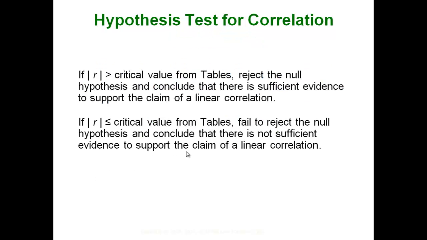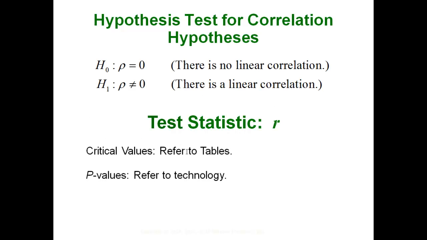The hypothesis test for correlation is basically just asking if R is sufficiently far away from 0. We're almost never going to get a 0, right? So you would kind of think that the answer should always be reject the null, because we're never going to get an R of 0. But that's not it.